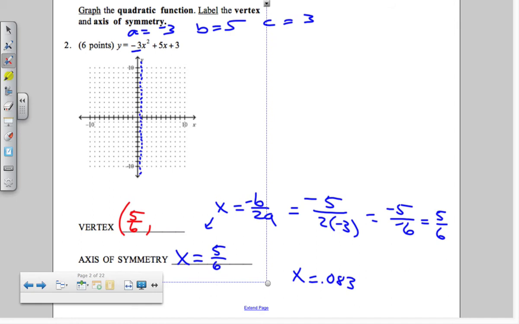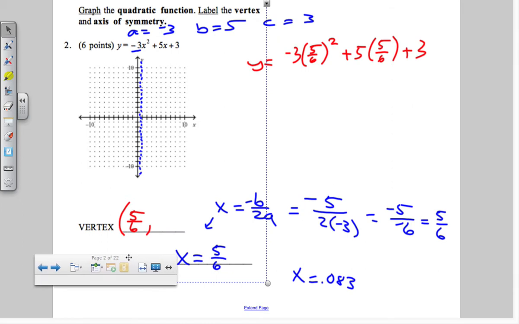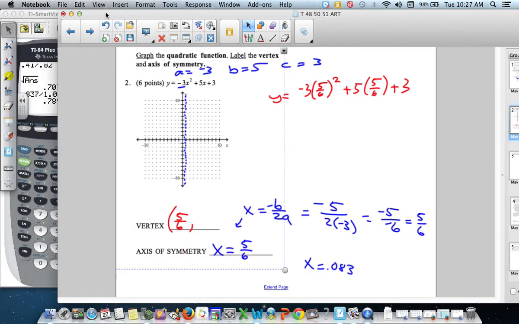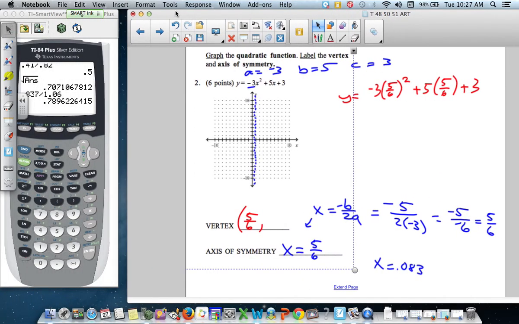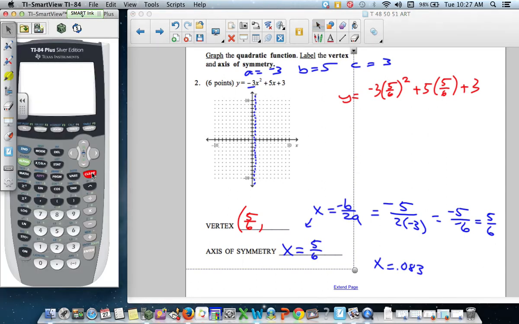Now to get the y-coordinate, what I'm going to do is I'm going to plug in 5 sixths in place of the x values in that equation. That's my original equation. And you could use a calculator to help you with that. If you use the decimal approximate, I would just keep that as 0.83. I wouldn't try to round that off too much. So I'm going to take negative 3 times 5 sixths squared.